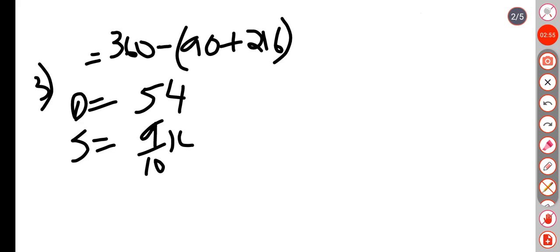Now we all know that distance by speed is equal to time. So we have to use this formula. And the time is already given, that is 8 hours. So now the first distance we got was 90.